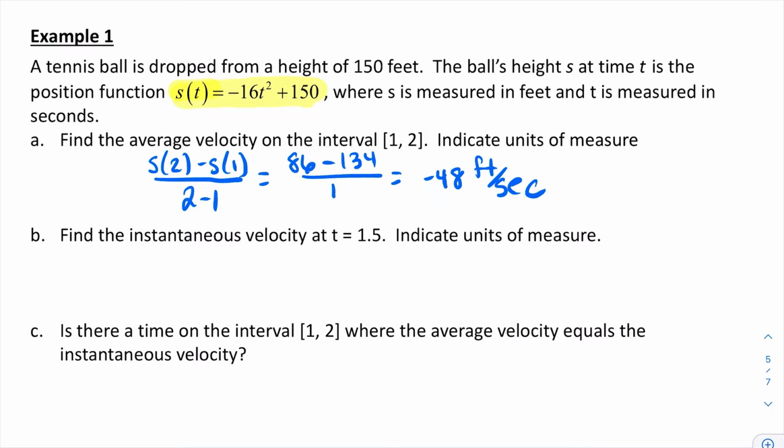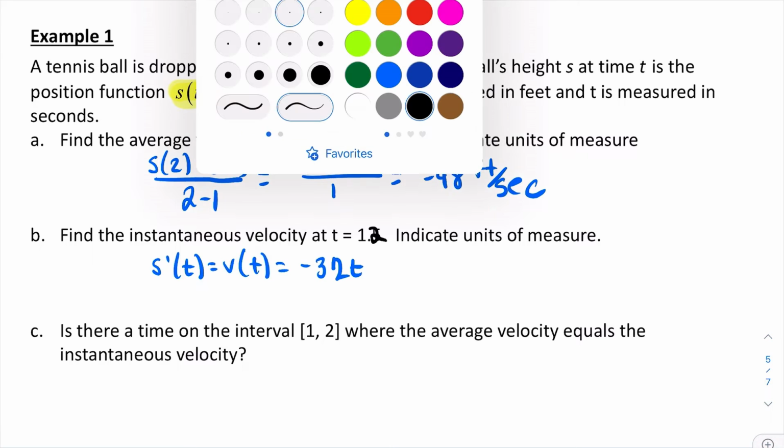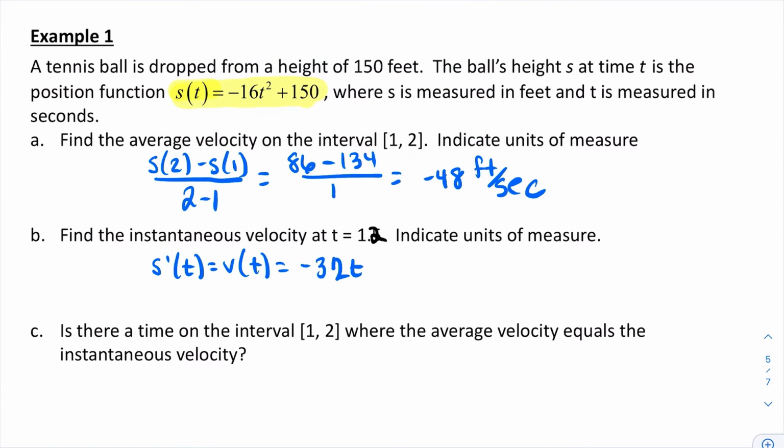Versus the instantaneous velocity, well, that is the derivative of s of t, which is negative 32t. And so I'm going to change this. You'll see why in a minute. I'm going to change it to 1.2. I apologize. So I now need to find s prime of t, which equals v of t.